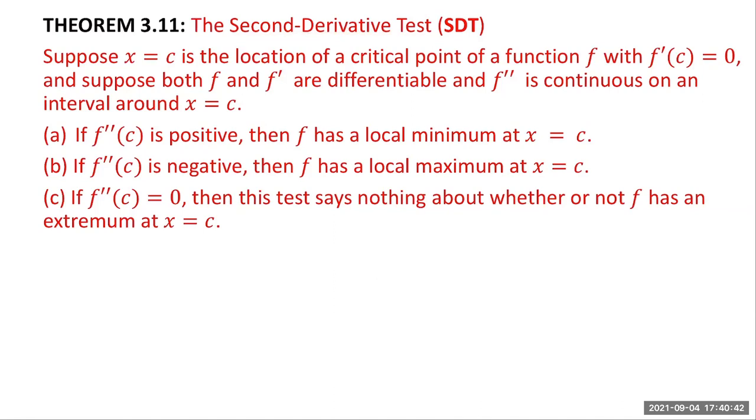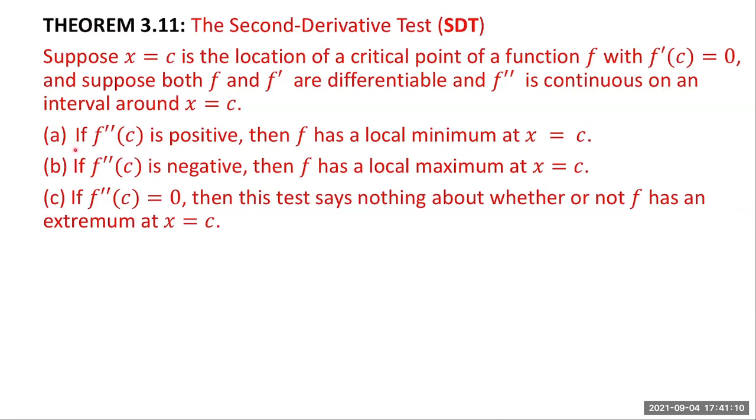All right, here is the statement of the second derivative test. Suppose x is equal to c is the location of a critical point of a function with f prime of c is equal to 0. And suppose both f and f prime are differentiable and f double prime is continuous on an interval around x is equal to c. Then here is the conclusion.